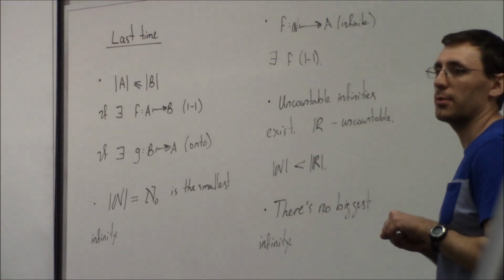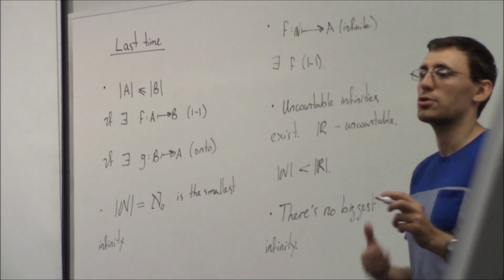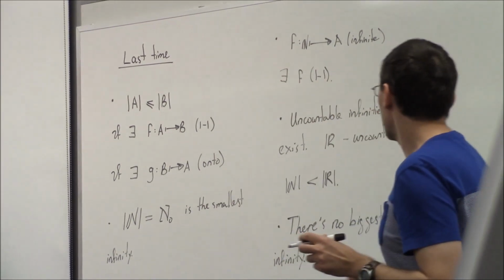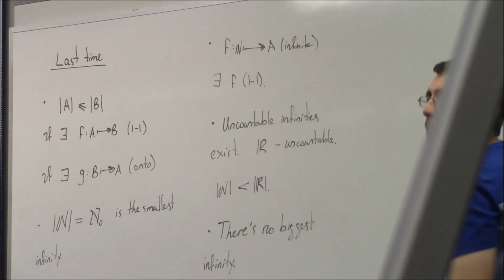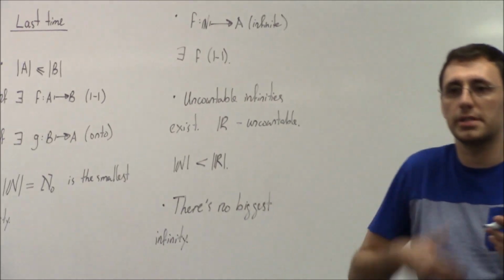Now let's review the argument for why there is no biggest infinity. To show there is no biggest infinity is to show that no map from a set A to its power set can ever be onto, right? So that's how you can generate bigger infinities. Just take a power set.